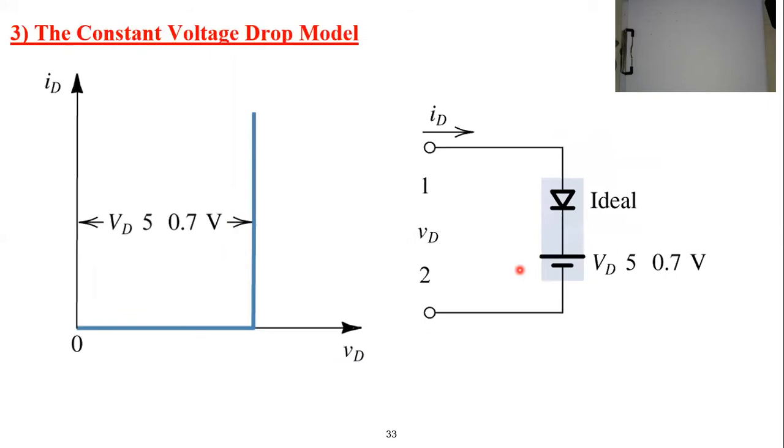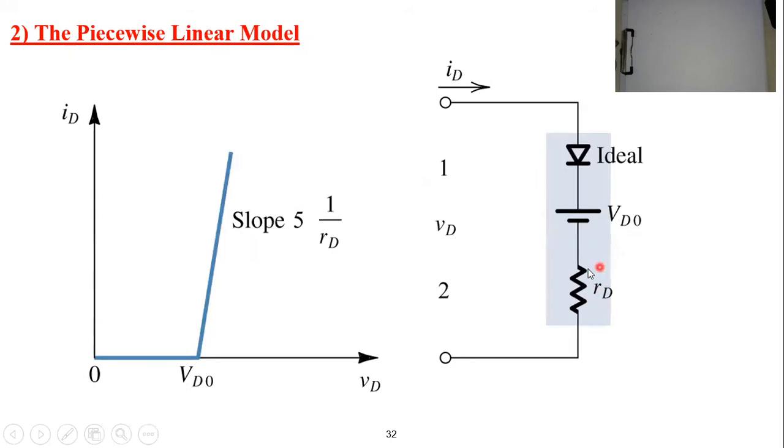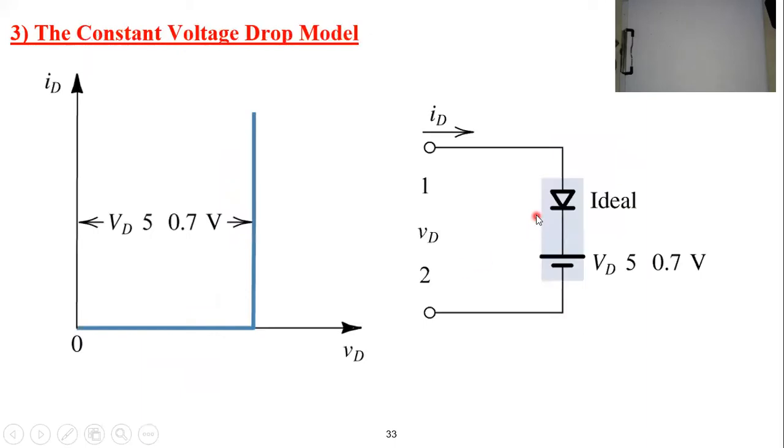Next, we also introduced another less complicated model, which we call the constant voltage model, where we assume that this forward resistance tends to zero, it becomes a short circuit, and then you have only an ideal diode along with the built-in potential.